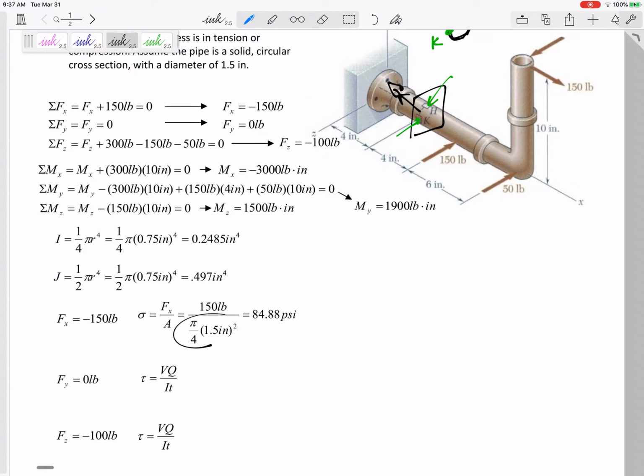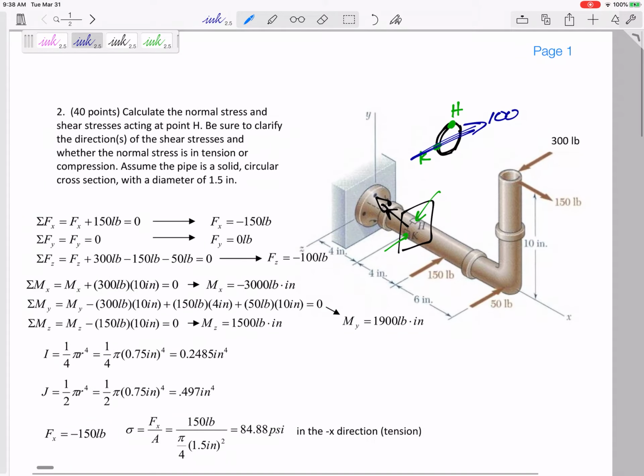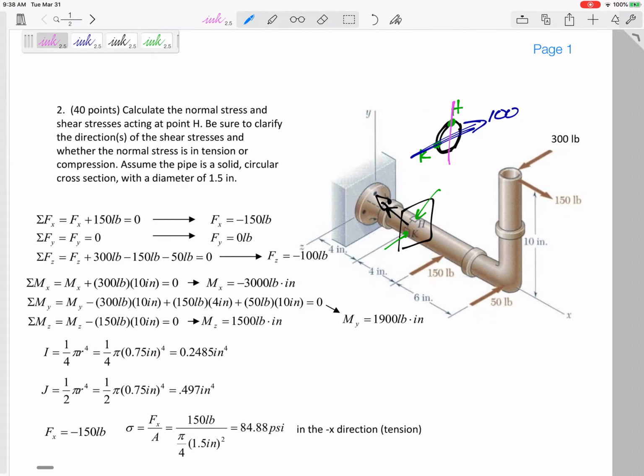If I've got a force at the cut of negative 100, so I've got a force right here going that way across the cut of 100, this would be my neutral axis. Then yes, there is some stress right here at H. If I was looking at this point K, it would be 0. If I was looking at this point over on that side, it would be 0. But anywhere else, it is going to have a value.